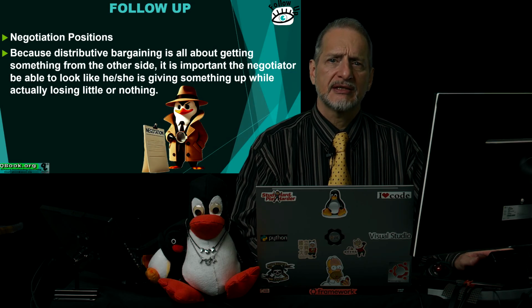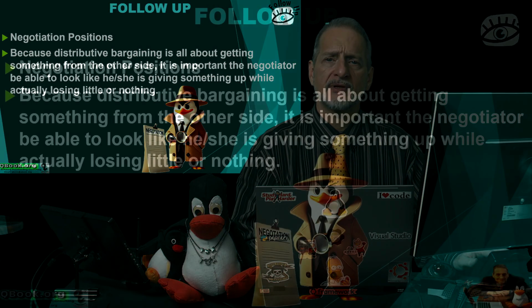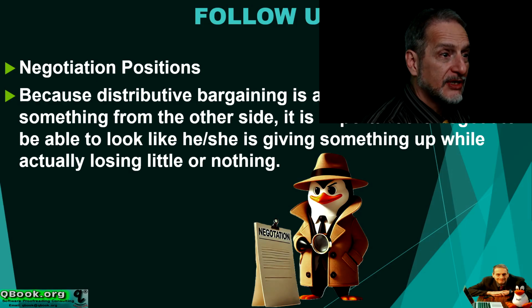Remember first that distributive bargaining is all about getting something from the other side. So it's important that the other side give up something and you don't give up something. Or the other side gives up more and you give up less.